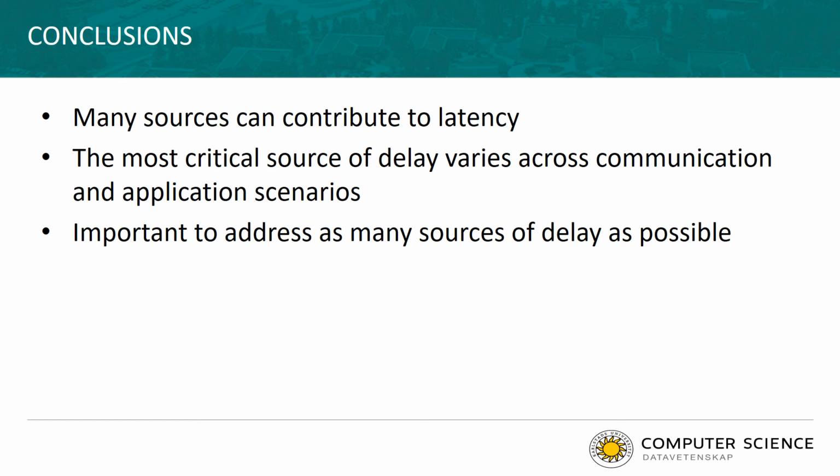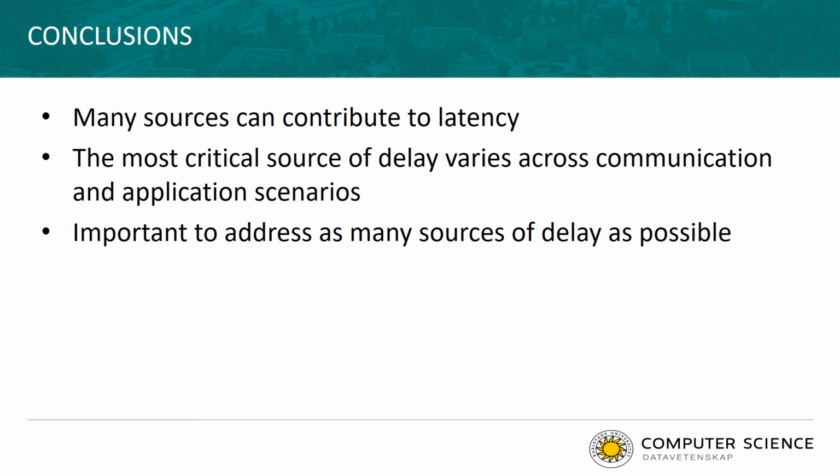So to conclude, we have seen that there are many sources that can contribute to the latency and then to the perceived application performance. The most critical source of delay varies over time, it varies across different communication scenarios, and it is dependent on the application traffic. This means that it is important to address as many sources of delay as possible.